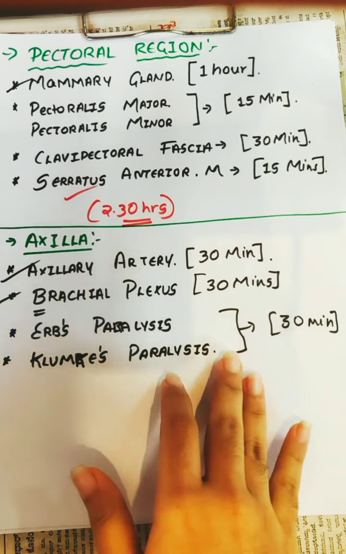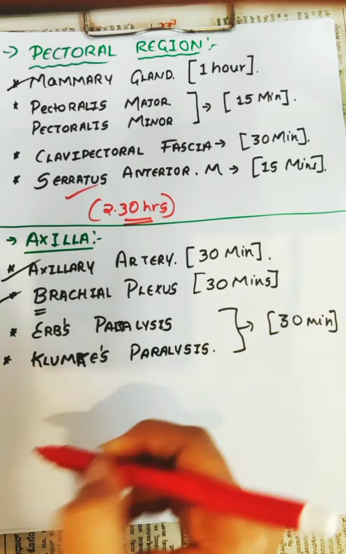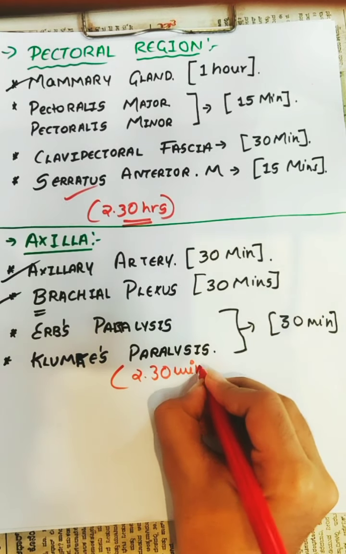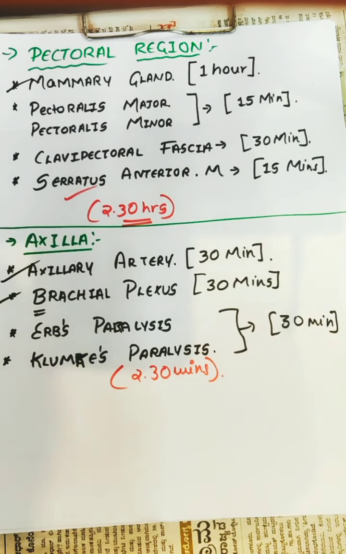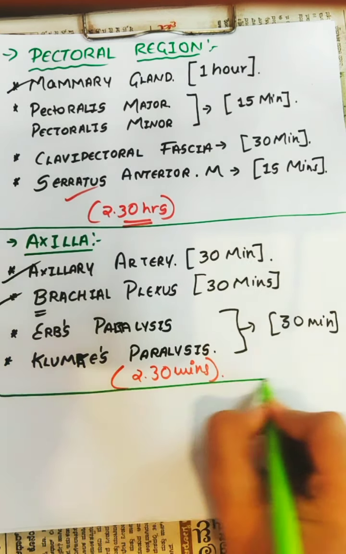So from the topic axilla, these 4 are the important questions. If you count these, you'll get 2 hours 30 minutes. So try to compile this topic within 2 hours 30 minutes. This is about axilla.